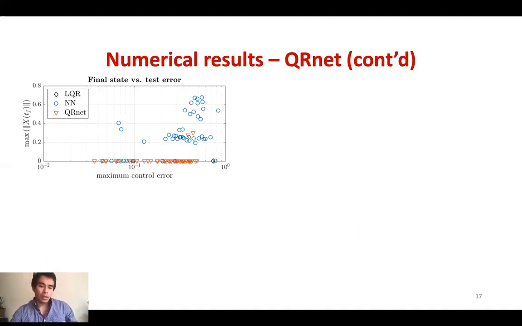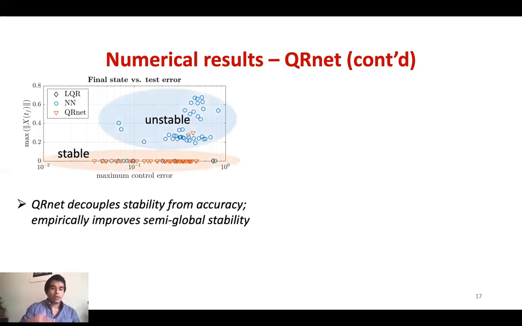Now, if we look at the more global stability analysis, we again take those 100 initial conditions and simulate the system for those initial conditions, and we plot the maximum of where those trajectories ended up. We'll see that basically all the QRnets ended up on the x-axis where it's stable.